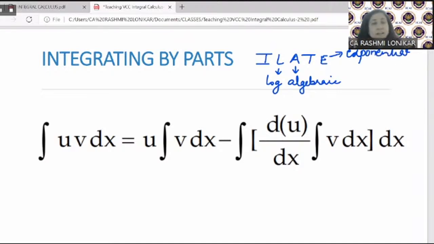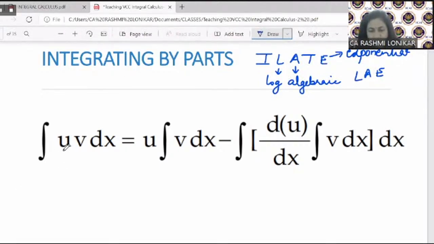As far as our syllabus is concerned, you just have to remember this, because we are not dealing with sums in inverse and we are not dealing with trigonometric problems here. So remember that when you have multiplication of two functions u and v, which function you should take as u and which as v is defined by these rules.